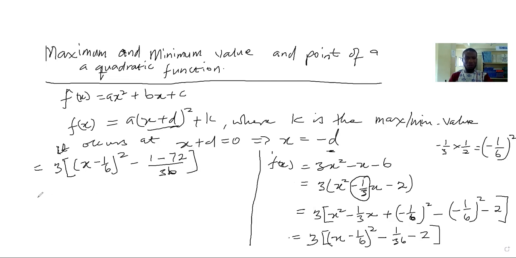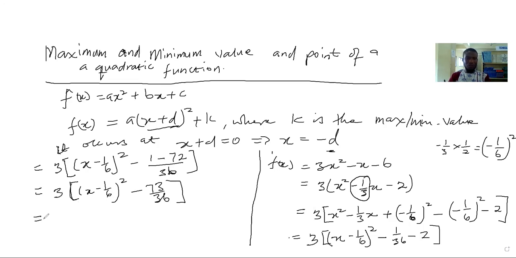All right, so when we simplify further, then simplifying this, negative 1 minus 72 gives us negative 73 over 36. Then we now use these 3 to open the bracket.